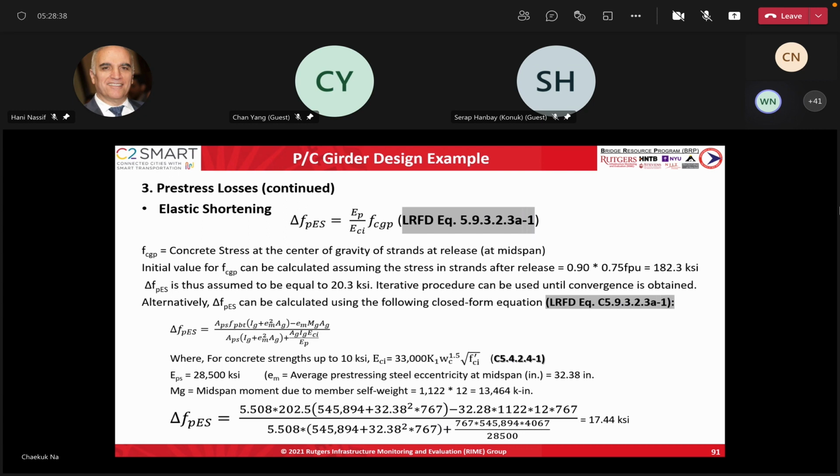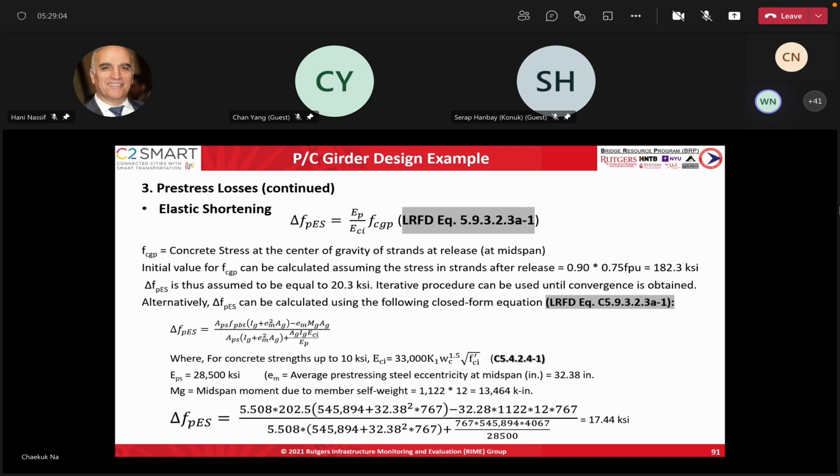Ep is the modulus of elasticity of the strands divided by the modulus of elasticity of concrete at initial. CI means at transfer, so we get Ec at transfer, not after 28 days. It depends on the day of transfer, multiplied by fcgp. Now, what's fcgp? It's the concrete stress at the location of the center of gravity of the strands.